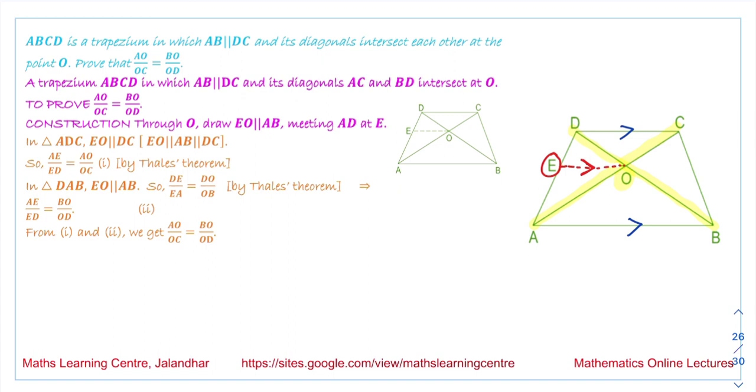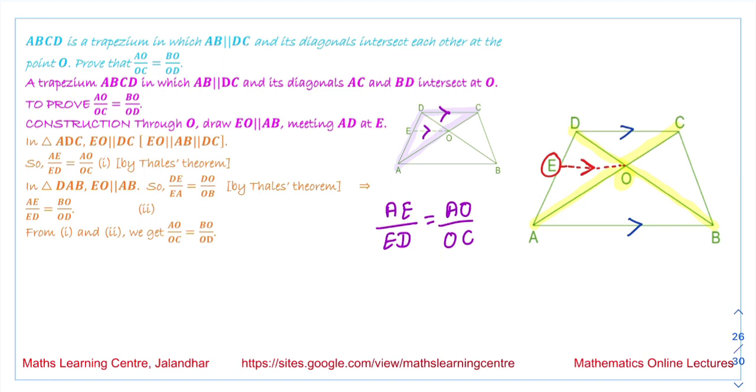Now consider the triangle ADC. We are considering the triangle ADC. In this triangle, we have EO and DC. These are parallel to each other. So what we get is that AE over ED is equal to AO over OC.